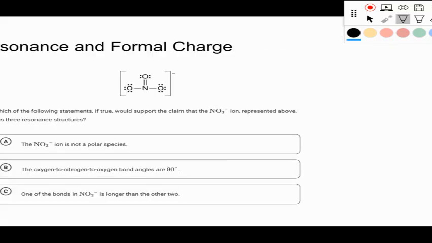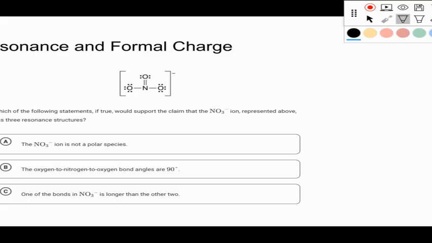So last question, and then we're all done with this topic. Which of the following statements is true that would support the claim of NO3 ion represented above to have 3 resonance structures? So remember, resonance is talking about how the electrons are being shared off the central atom.